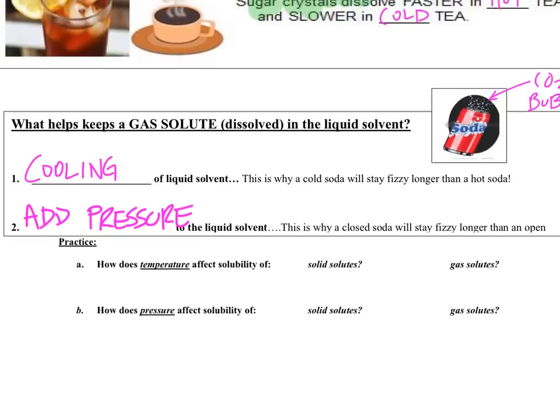So how does temperature affect the solubility of solutes? If I increase the temperature of a solid, then it dissolves faster. If I increase the pressure, then there is no effect.